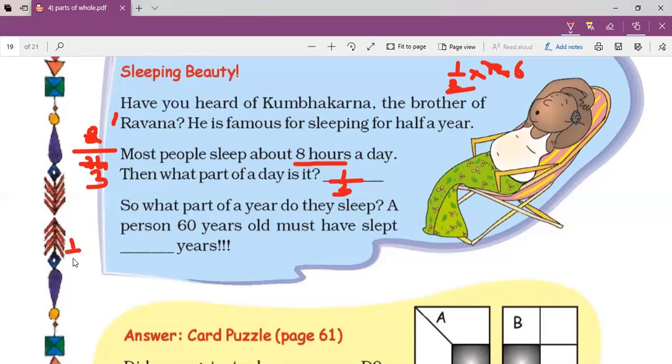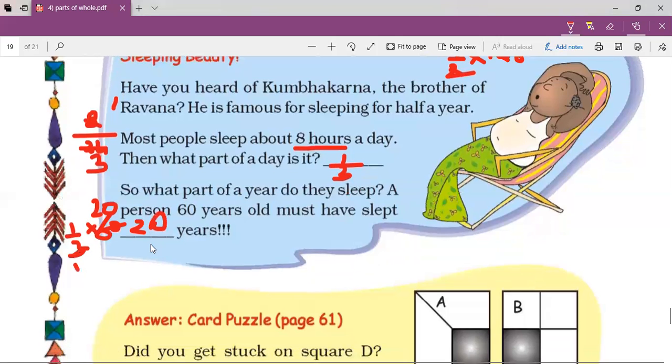One third we know, so one third multiplied by 60. Do the division. 3 ones are 3, 3 twos are 6, 0 as it is. So 20 years he must have slept. 8 hours of sleep in a day means he had slept 20 years.